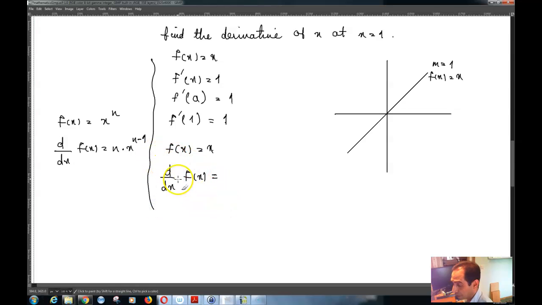So over here you have x raised to the power 1. So d by dx of f of x is 1 times x raised to the power 1 minus 1, which is equal to 1 times x raised to the power 0, which is equal to 1. X raised to the power 0 is equal to 1. So this is 1. And that's basically how you find the derivative of this function.